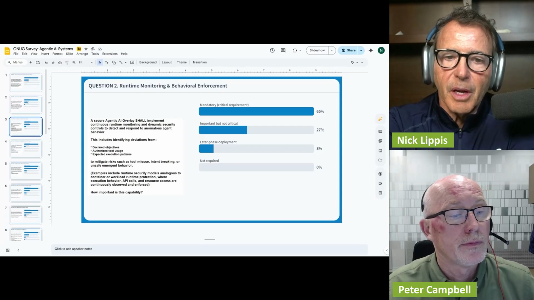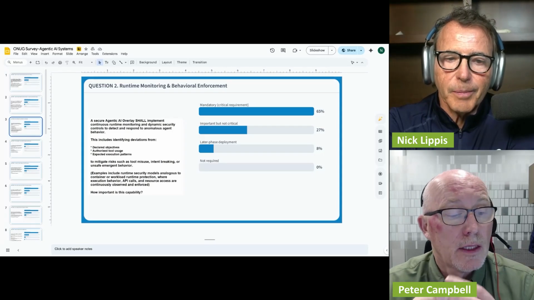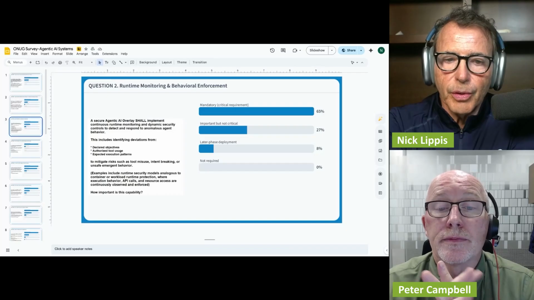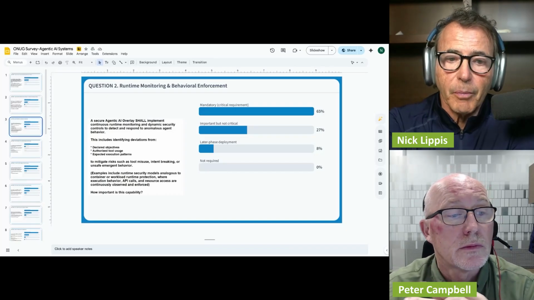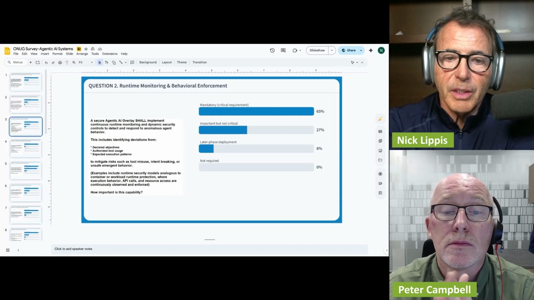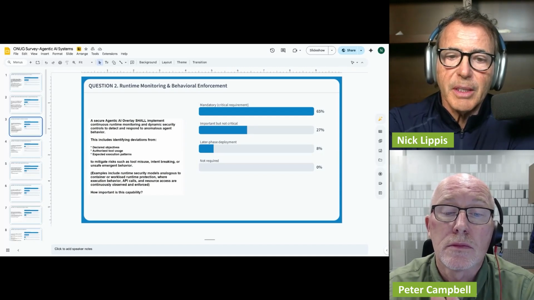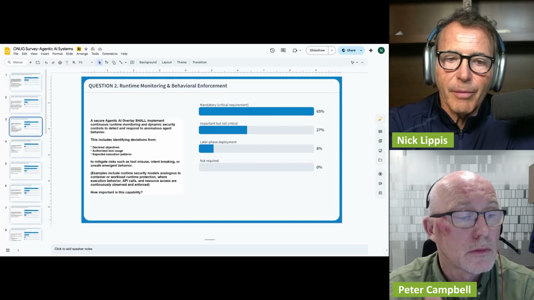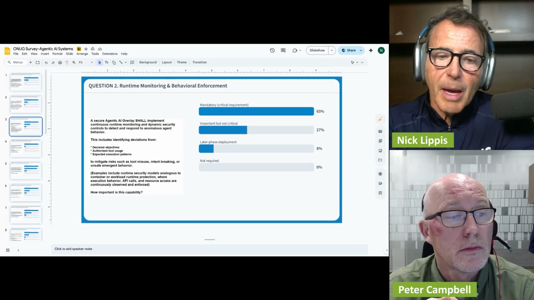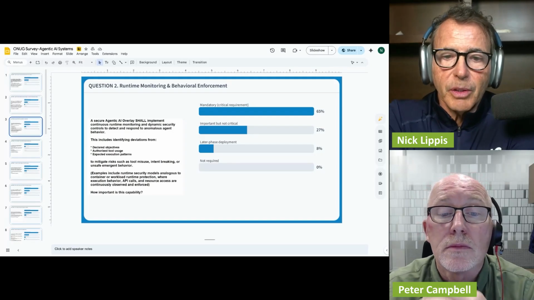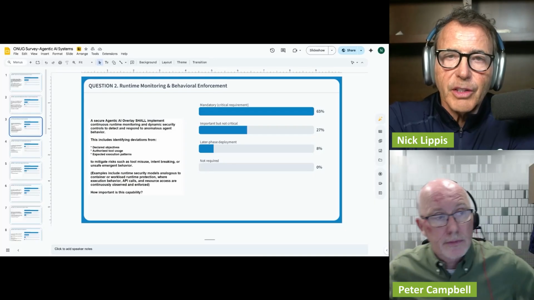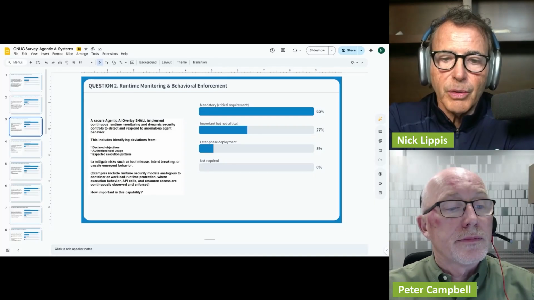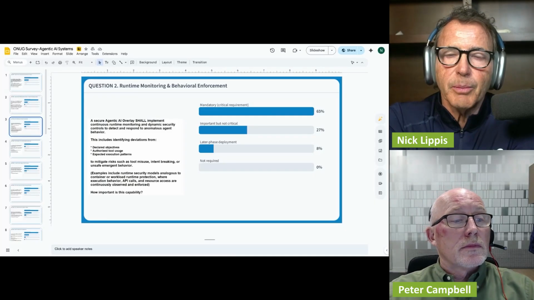This includes identifying deviations from declared objectives, authorized tool usage, and expected execution patterns, to mitigate risks such as tool misuse, intent breaking, or unsafe emergent behavior. Examples could include runtime security models analogous to container or workload runtime protection, where execution behavior, API calls, and resource access are continuously observed and enforced.